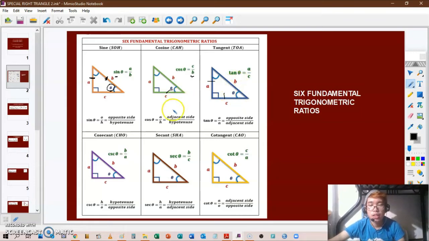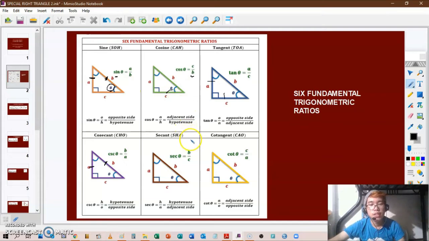So that's tangent. Cosecant theta is equal to the hypotenuse all over the opposite side. If you notice, guys, the inverse of sine theta is cosecant theta. So if sine theta is equal to A over B, then cosecant theta is equal to B all over A. That also goes the same with secant theta.